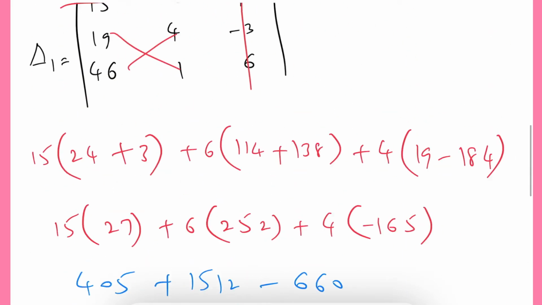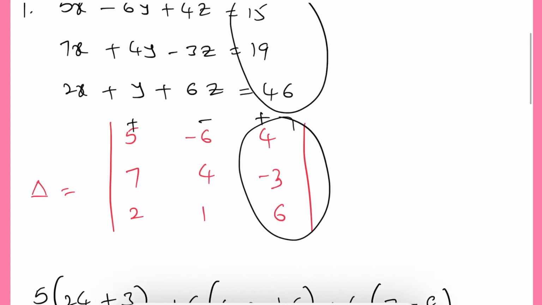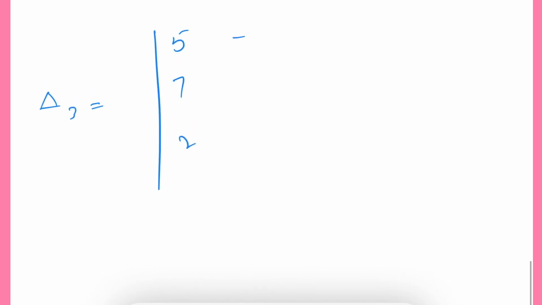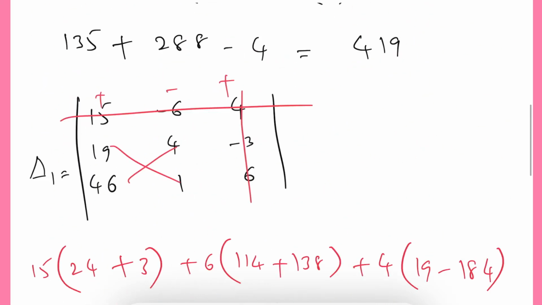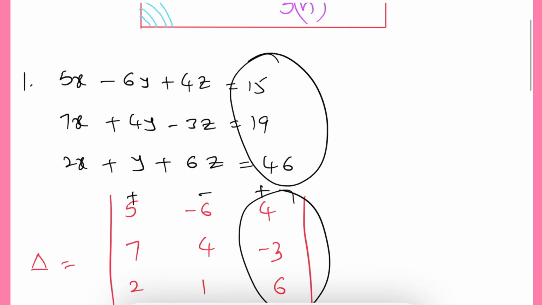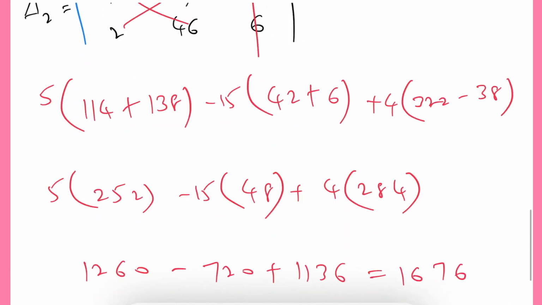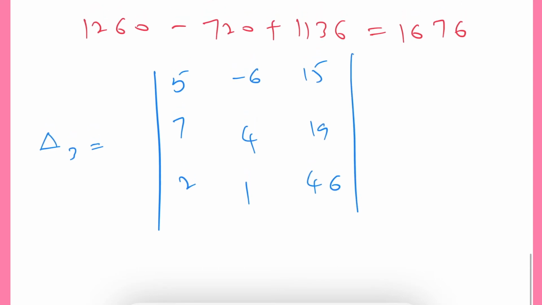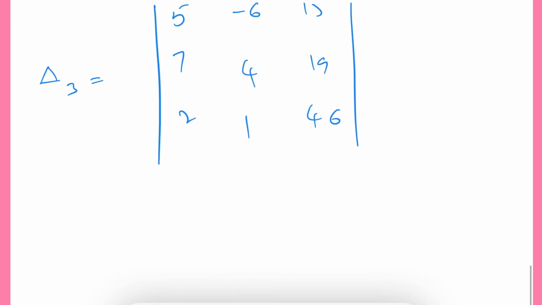Then second column minus 641, and the third column we need to replace with the constants, those are 15, 19, 46. Okay, let us find out the determinant for this also, which is exactly equal to delta 3. Okay then.